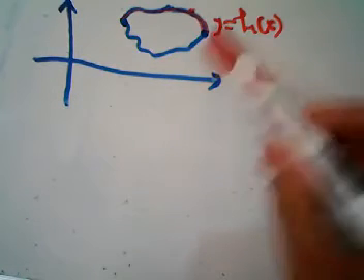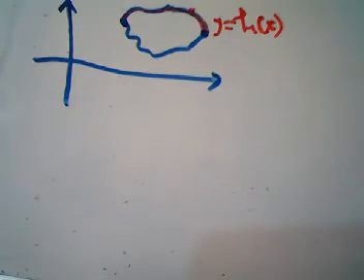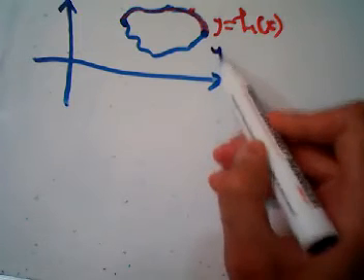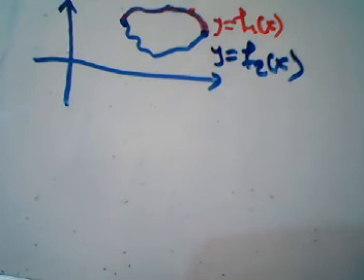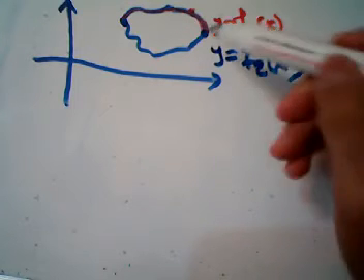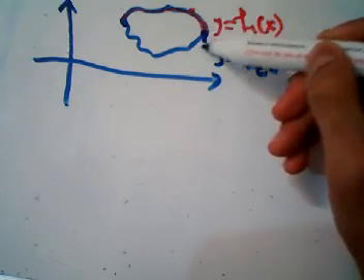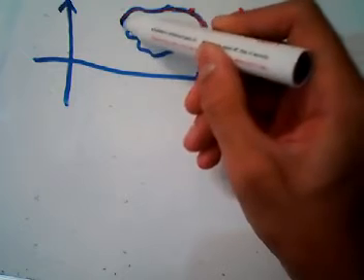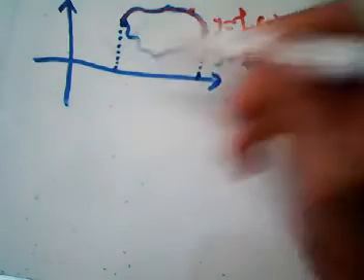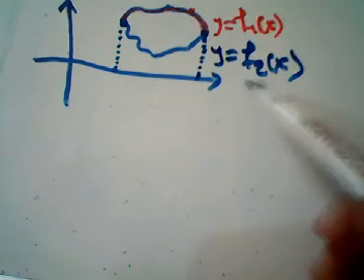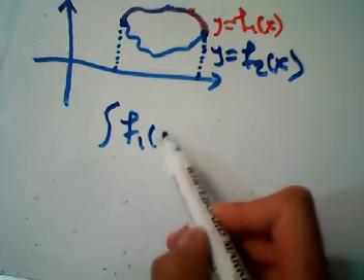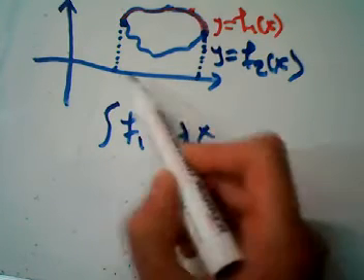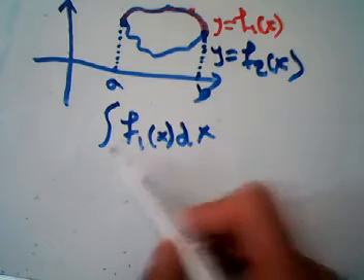And the lower curve, let's call that y equals f2(x). And now draw these vertical lines, and call them a and b.